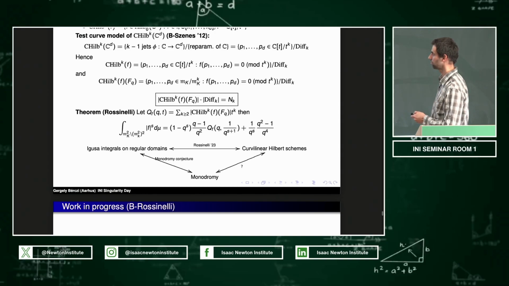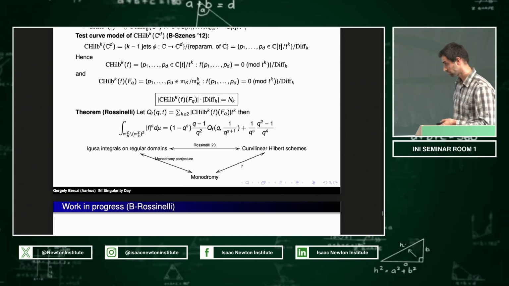For plane curve singularities, the full domain corresponds to the so-called one-generated part of the Hilbert scheme of points on F. If you have an ideal in C^2 which represents a point on the Hilbert scheme, F must be a generator because it's on F. If you have another generator of this ideal, so it's generated by two elements, then generically that gives you a point on the Hilbert scheme. This is what we call the one-generated part of the Hilbert scheme of points on F, and that is what corresponds to the full domain.